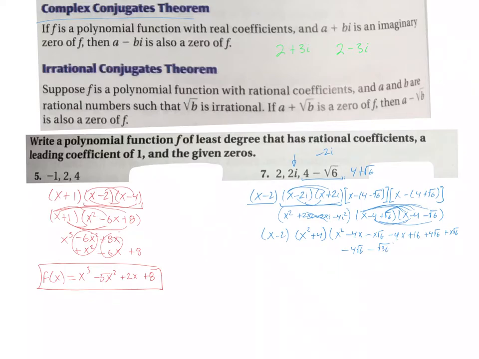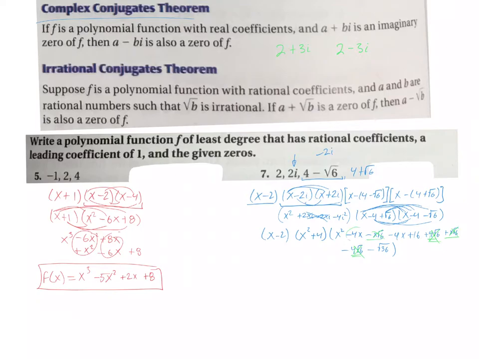Now it seems really long, but if you start noticing, there's a few things that will reduce with each other. So right here I have a negative x root 6, and I have a positive x root 6. So those will go to 0 together. And then same thing with this one, 4 root 6, and this is a minus 4 root 6, so those go to 0.